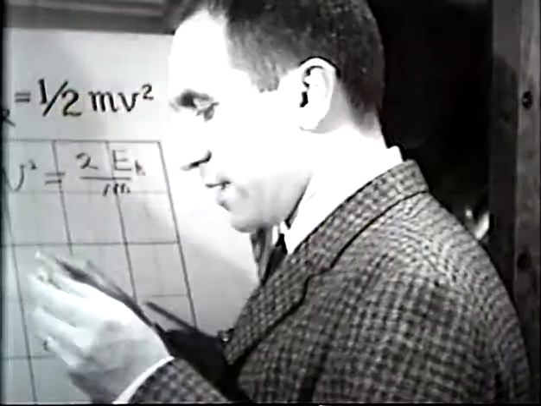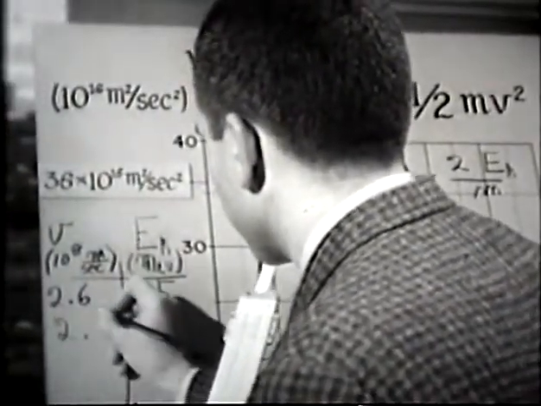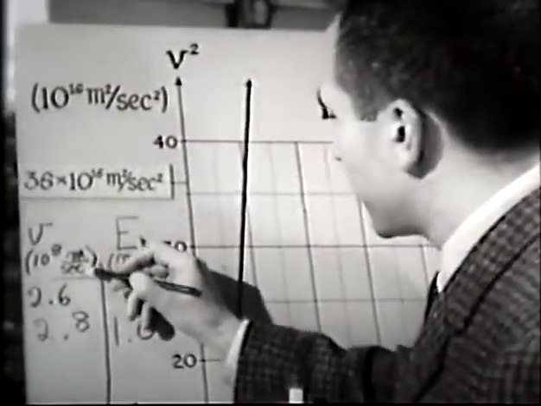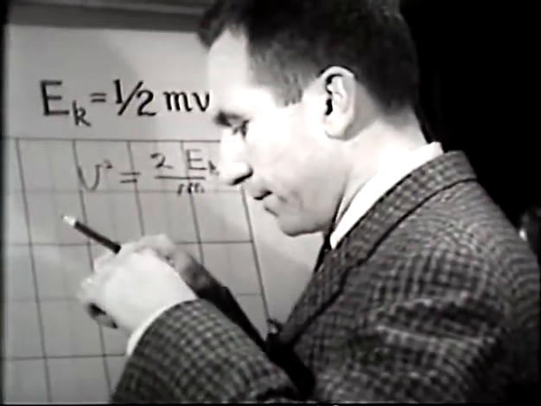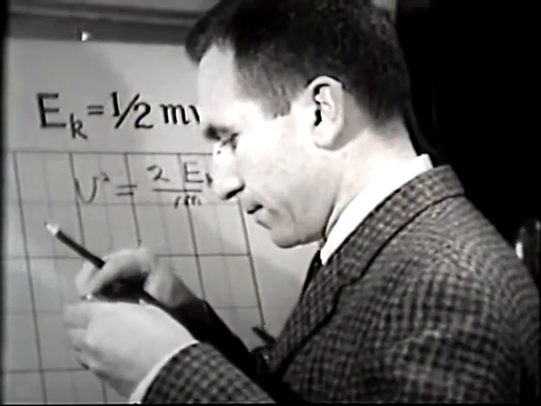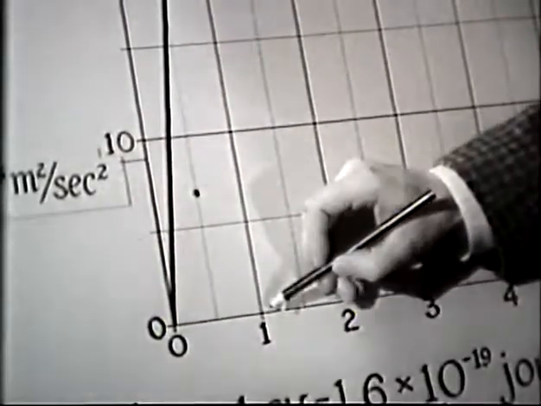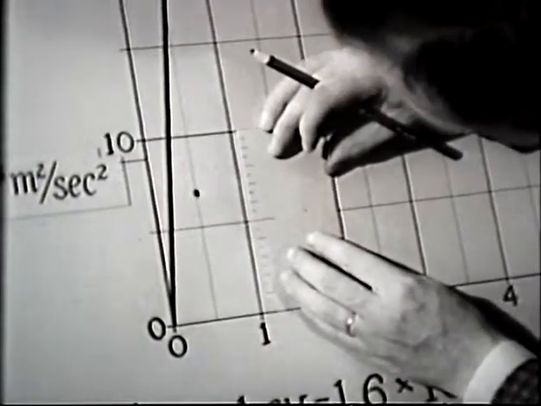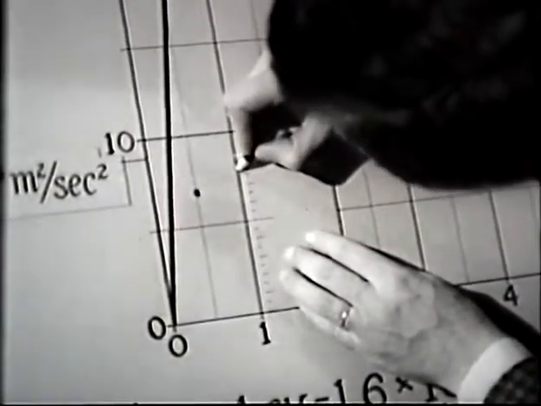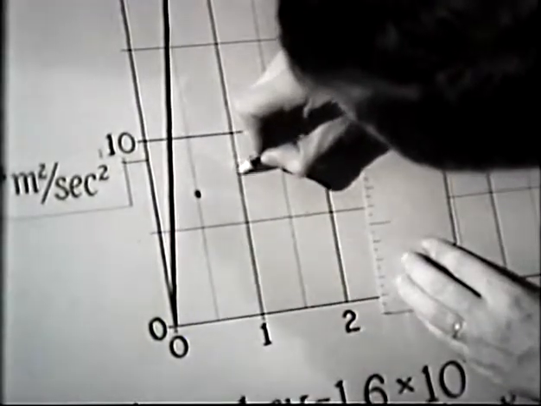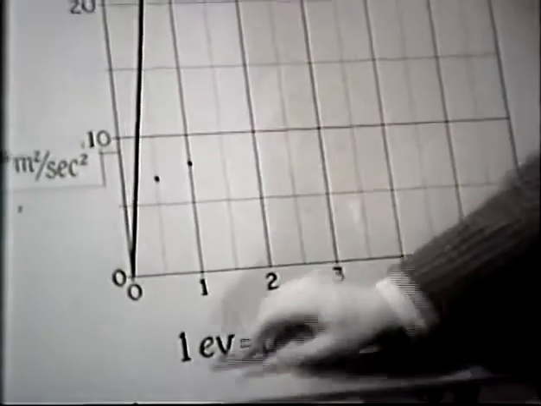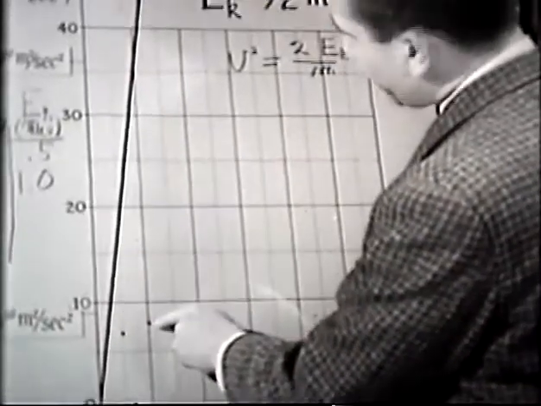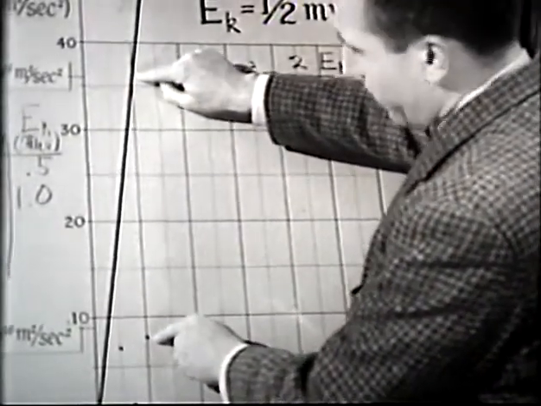The speed is about 2.8 in these units. The speed squared is about 7.8. At 1 MeV, 7.8 times 10 to the 16th meters squared per second squared plots about here. This result is even further from the prediction of Newtonian mechanics.